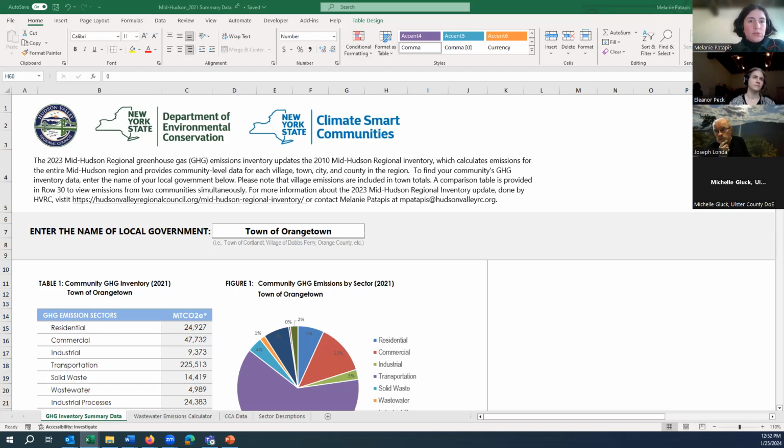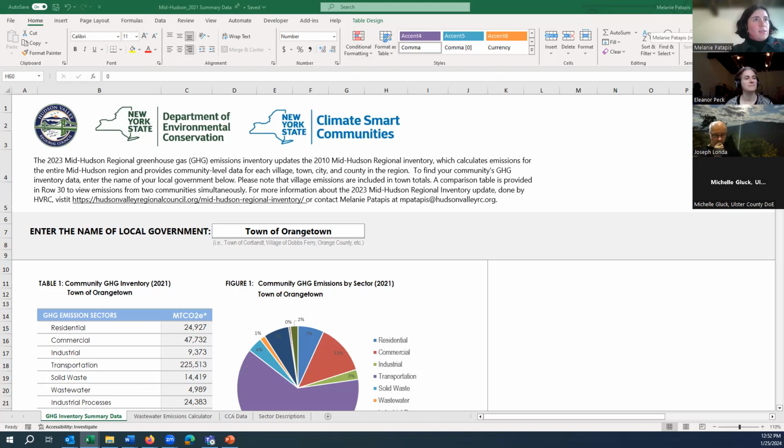So it does include throughway miles, but the DOT has breakdowns for road type. So if you're interested in looking at that further, we can share that with you. Okay, is that it in the chat?